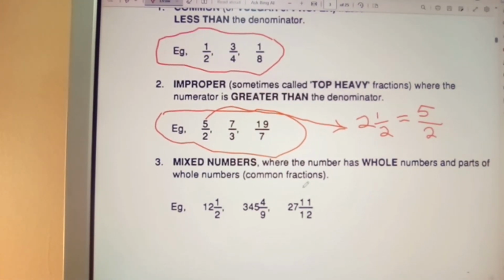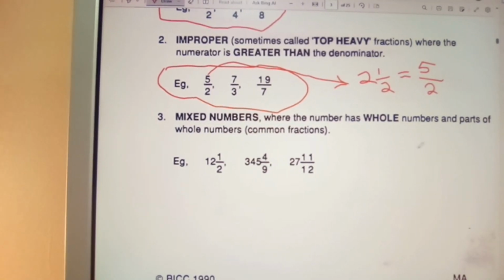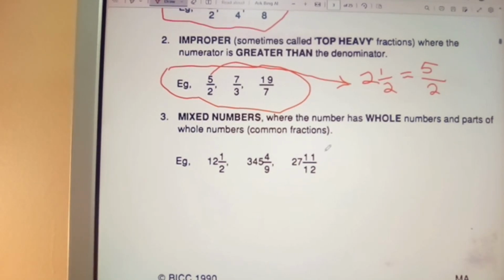Now here we have mixed numbers, fractions where the number has whole numbers and parts of whole numbers, common fractions.